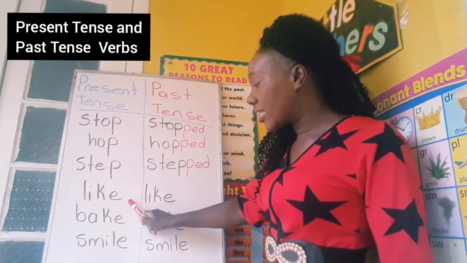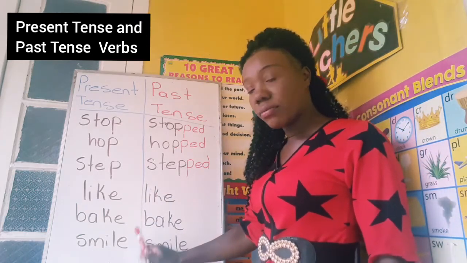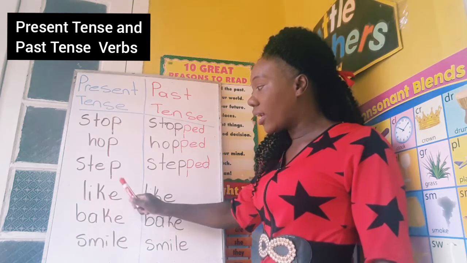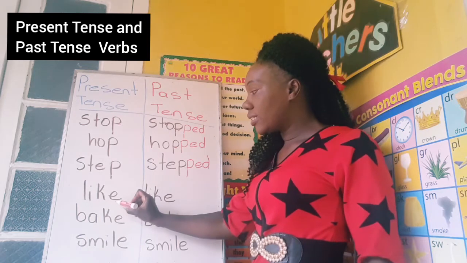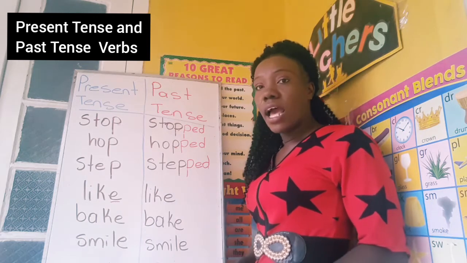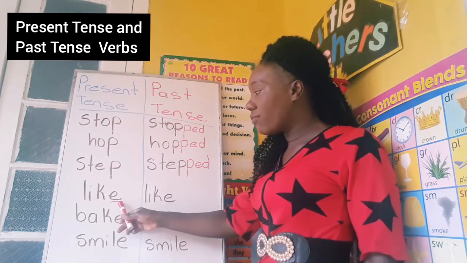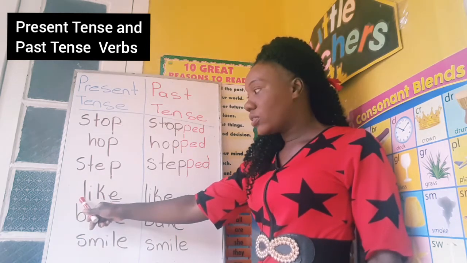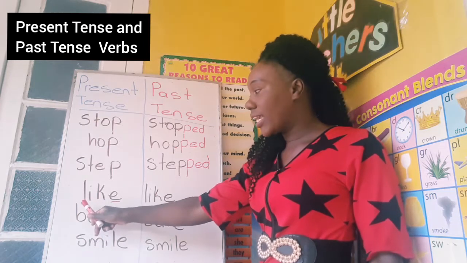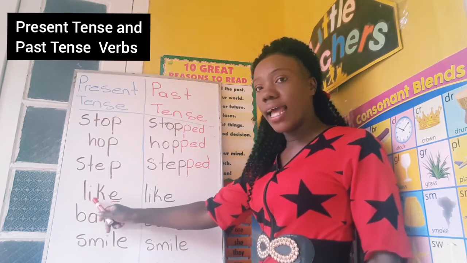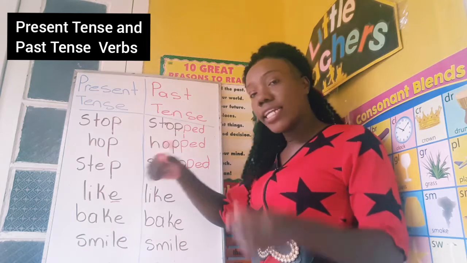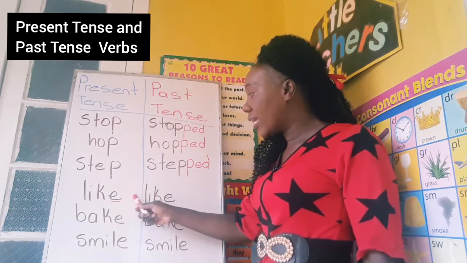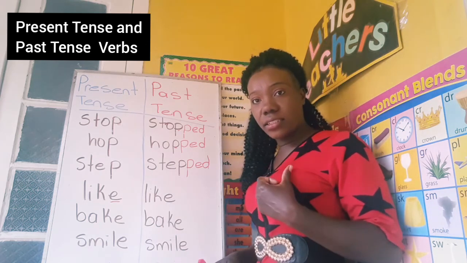Now let's look at these verbs. Now this word is like. Silent E. This is E at the end. And when silent E is at the end of a word, it makes the first vowel say its name. So you're pronouncing this word by saying like. So now I like. But yesterday I liked.